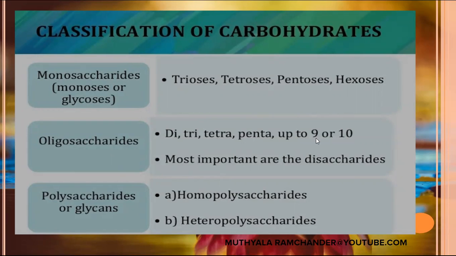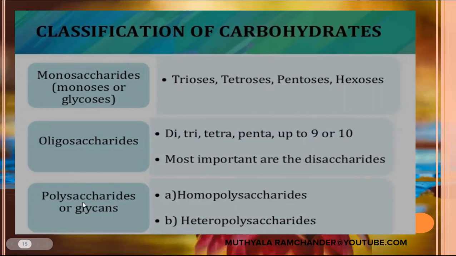Likewise, up to 9 or 10 saccharides can be present. If 10 saccharides are present, they are called decasaccharides. From these oligosaccharides, the most important is disaccharides only. Then polysaccharides, which is the last one.